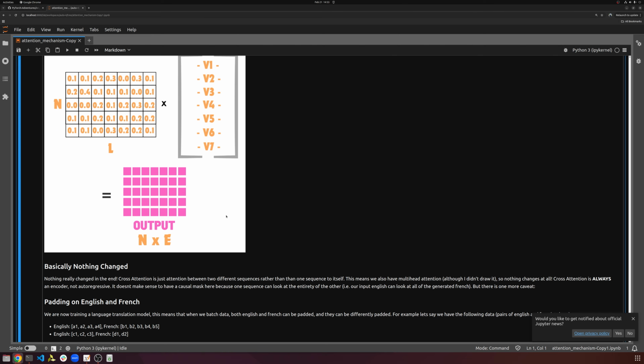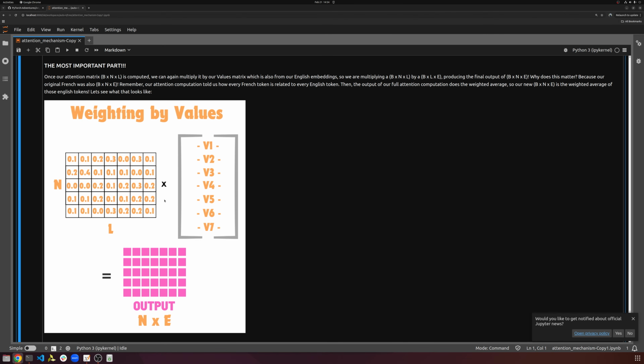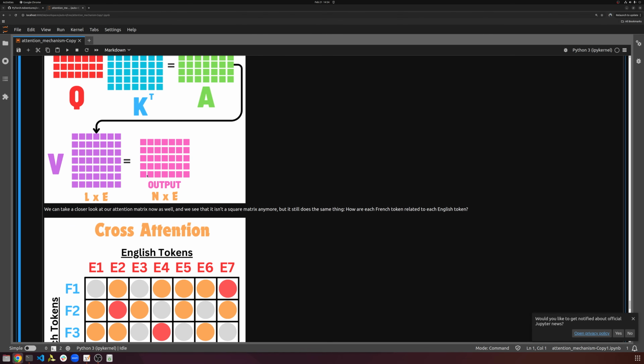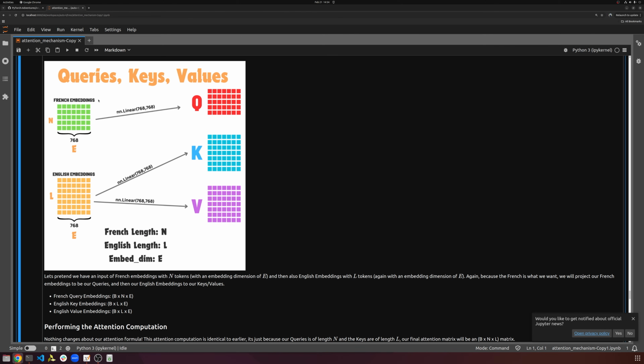Nothing has actually changed. It's just that instead of QKV coming from the same X, we now have Q coming from one thing and KV coming from the other thing. And the key idea is, it's a pun, but yeah, the key idea is that the queries are the thing we want to output. In the case of generating French from English, French is the thing we want.